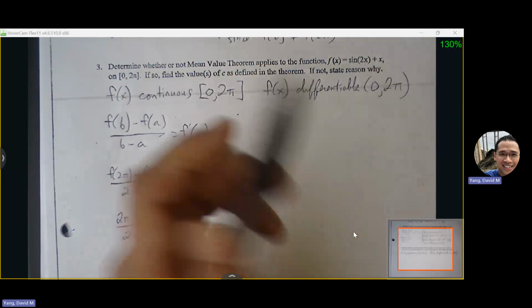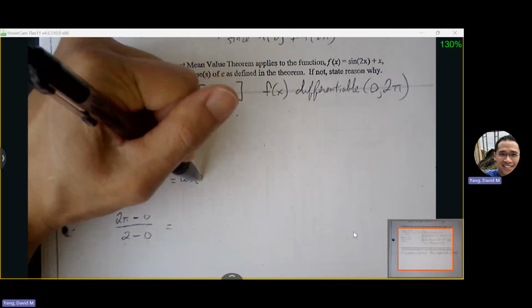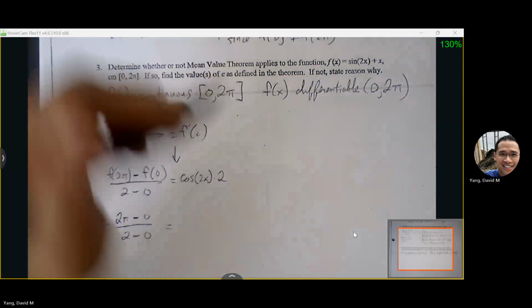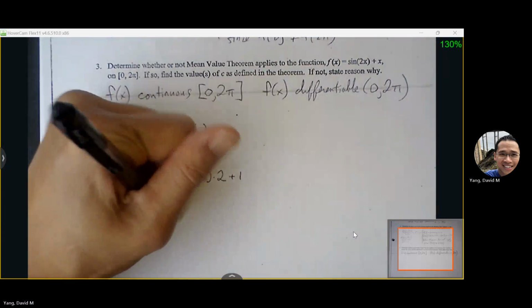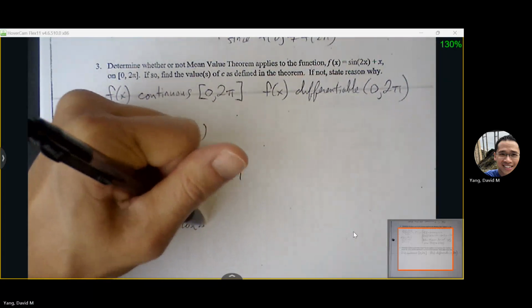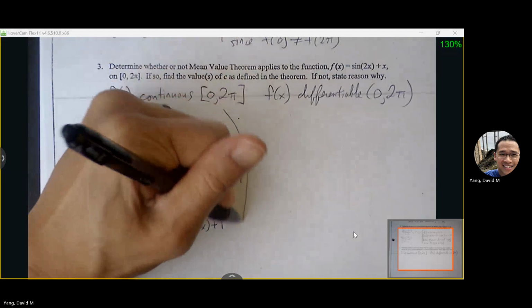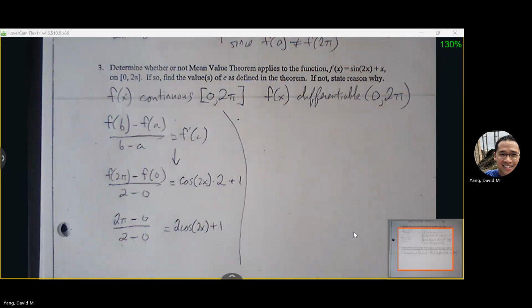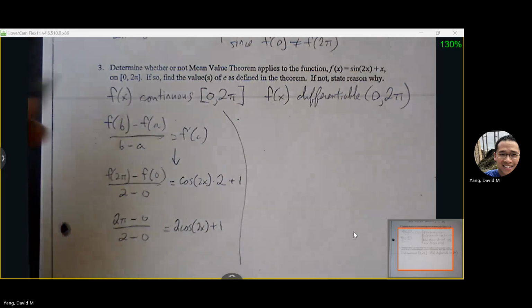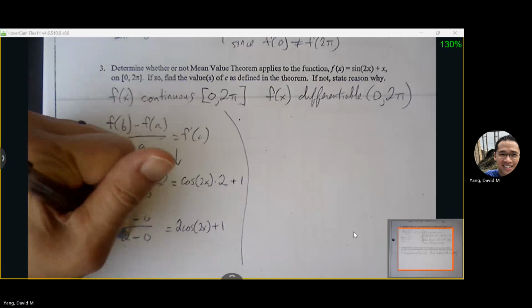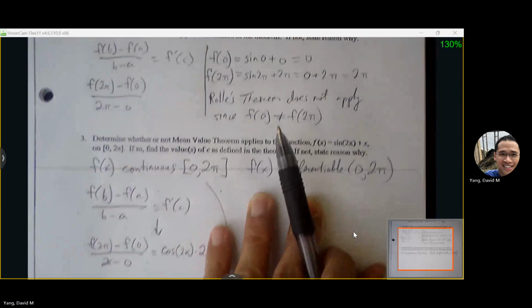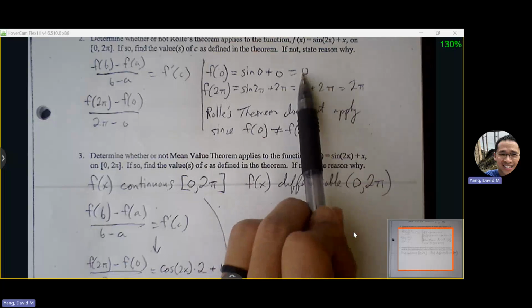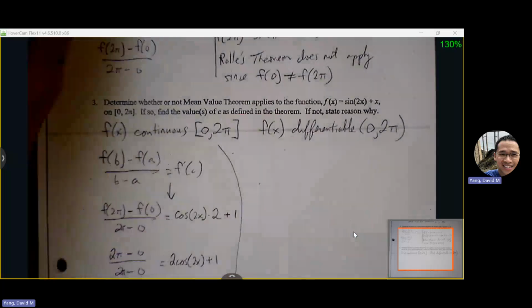So sine of 2x becomes cosine of 2x times 2, and the x becomes plus 1. So 2 pi minus 0 over 2 pi minus 0, which gives us 1.